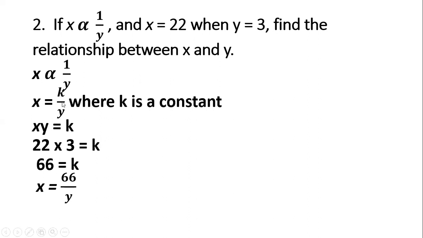X equals K over Y, where K is the constant. So XY equals K. We have a value for X and a value for Y. So that's 22 times 3, which is 66. So K is 66. Substituting into the formula, X equals K over Y, then since K is 66, X equals 66 over Y.